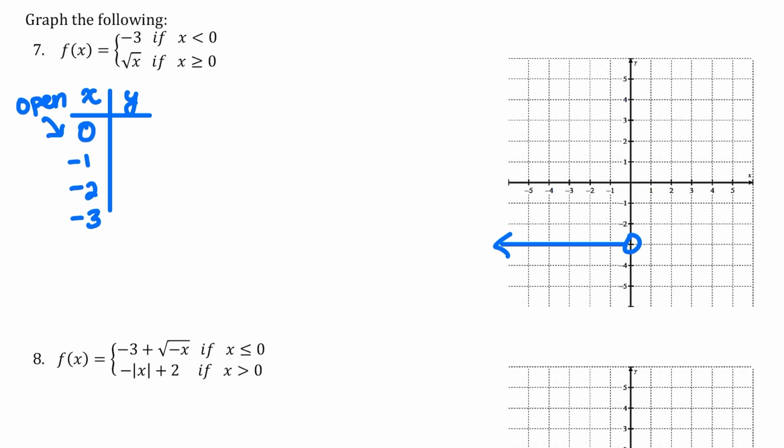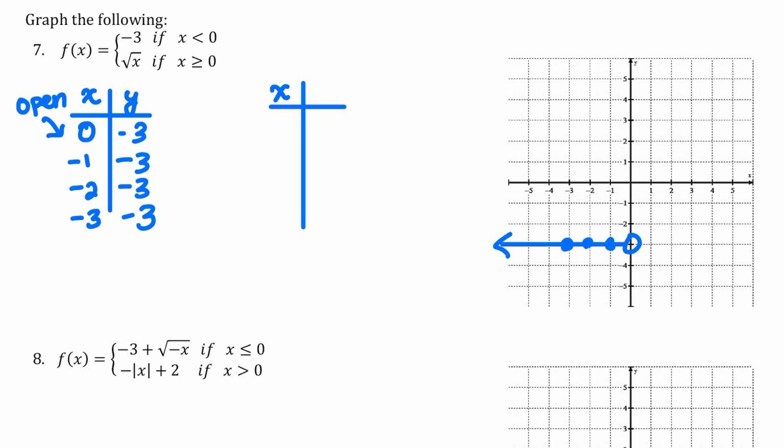Well, again, just like what we did earlier, there's no x to plug in numbers into, so your output is just always -3. So I have an open circle at 0, -3, and then I just have a bunch of dots. I mean, you can plug in fractions and decimals if you want to and plot those points, or just connect the dots.